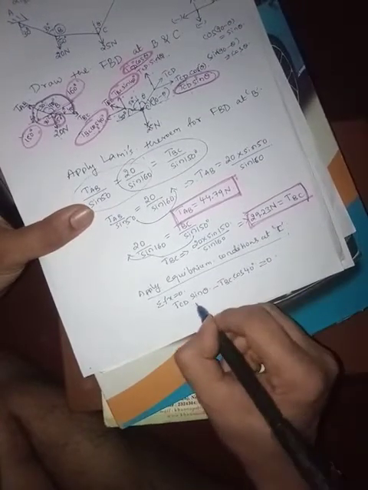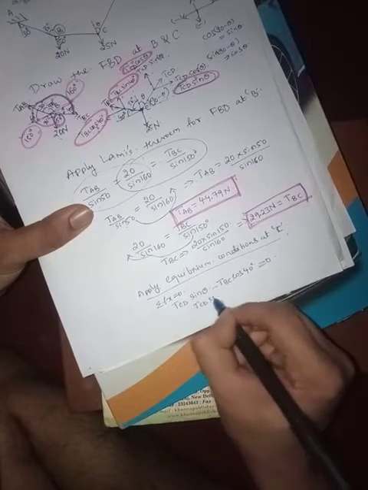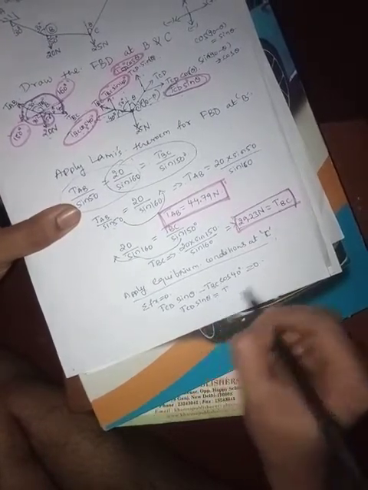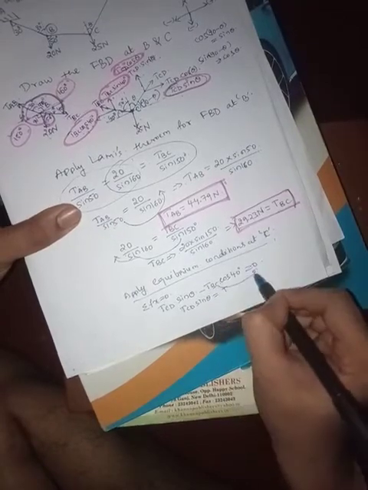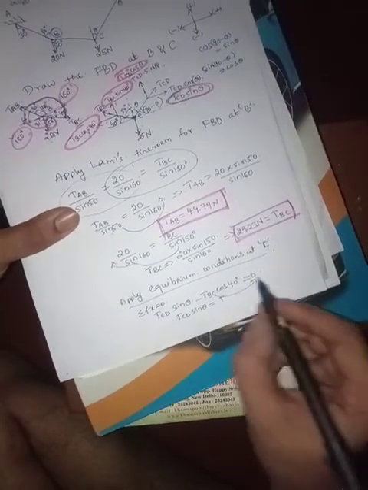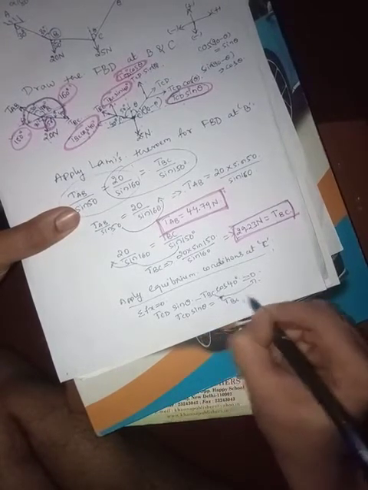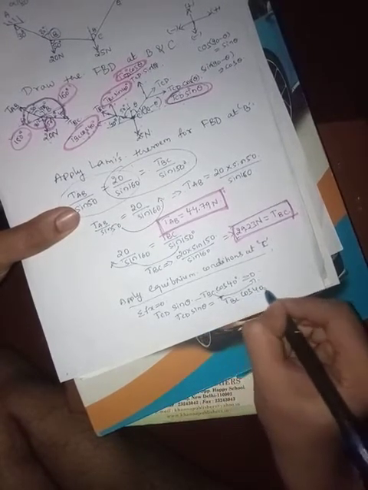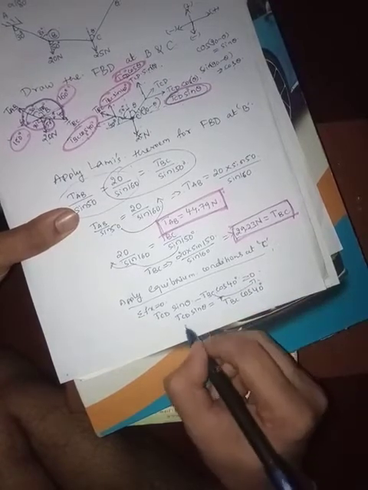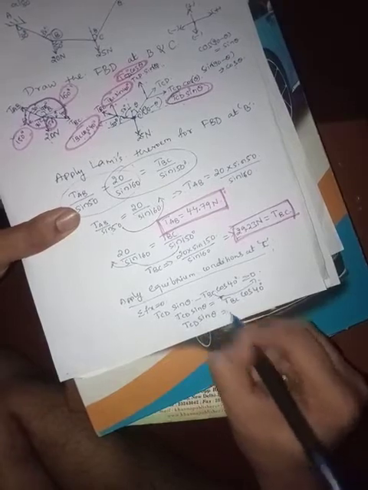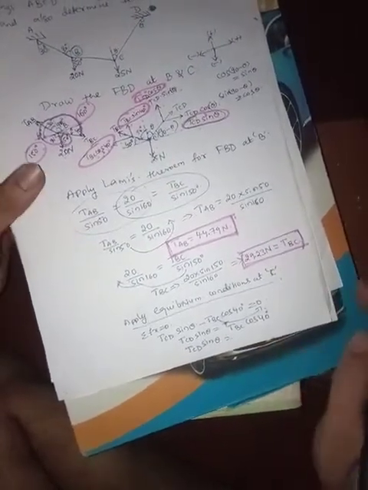So TCD sin theta equals, if this comes to the right hand side, the sign becomes positive, so TBC cos 40 degree. So TCD sin theta is equal to TBC cos 40.